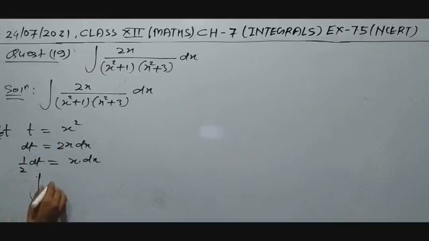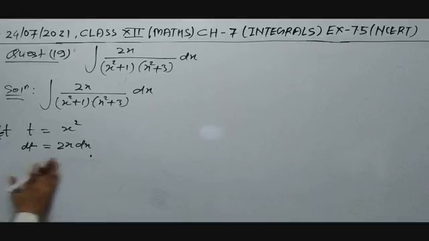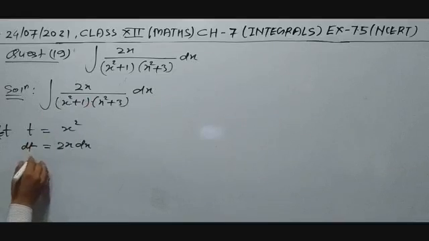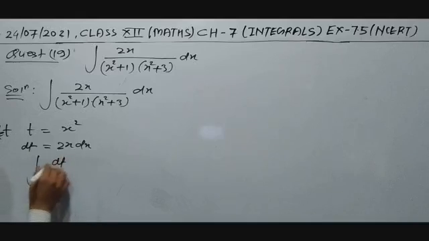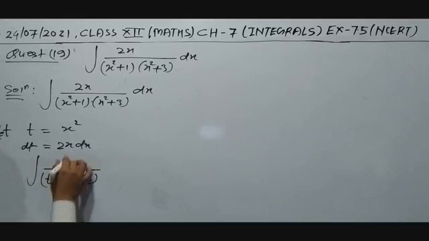Then the integration result will be, since 2x dx is here, no need to calculate x dx. The 2x dx value is dt, so the integration will convert to dt whole upon (t plus 1)(t plus 3). Now you can solve this expression by using the partial fraction method.